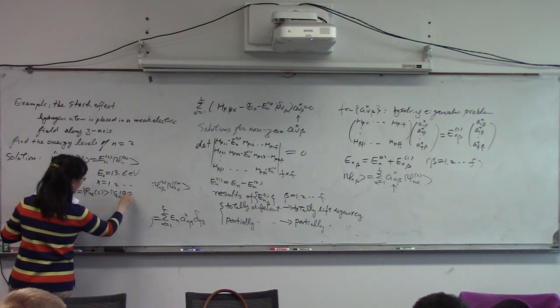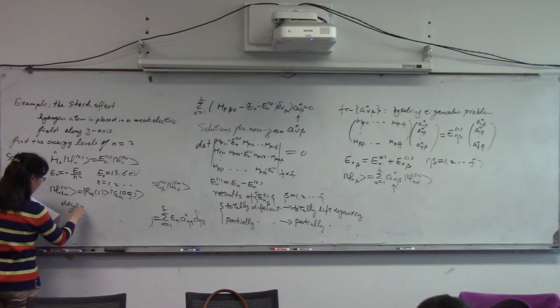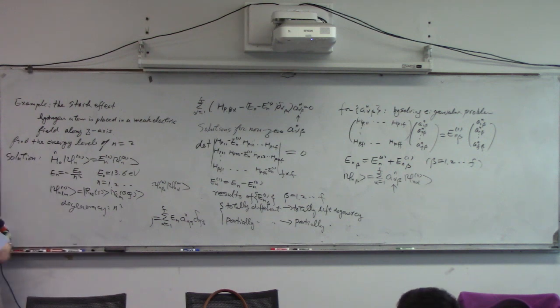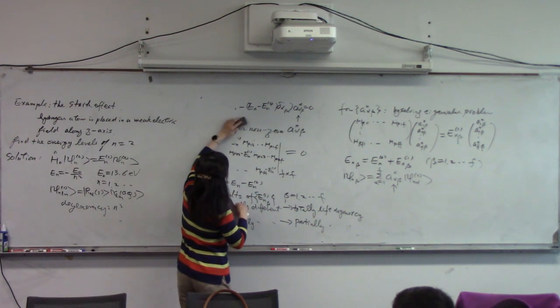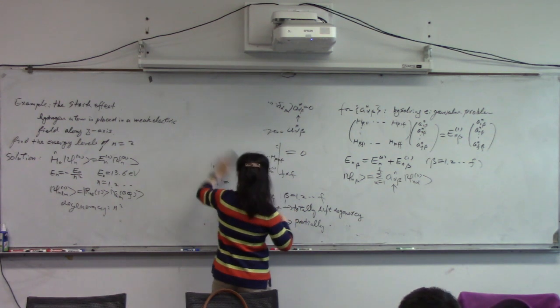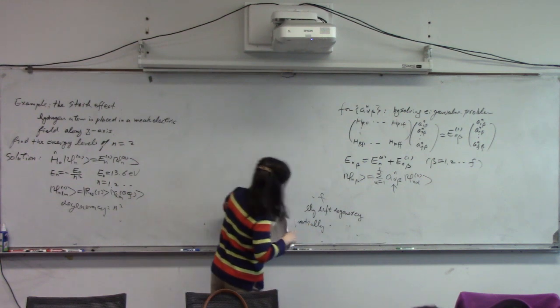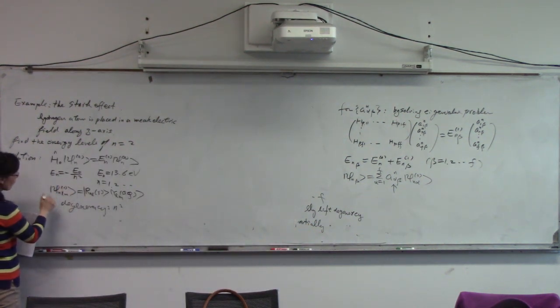Ignore spin. So how many states is the degeneracy? It's n squared. For given n, we have l from 0 to n minus 1, and for given l, we have 2l plus 1. In chapter 6, we already saw this. So this is really highly degenerate, and for given n, we will have those states.